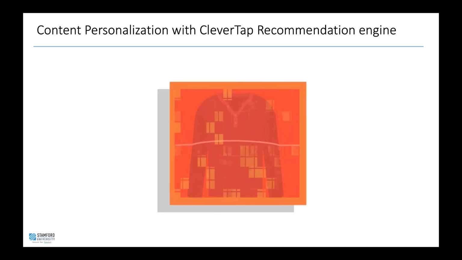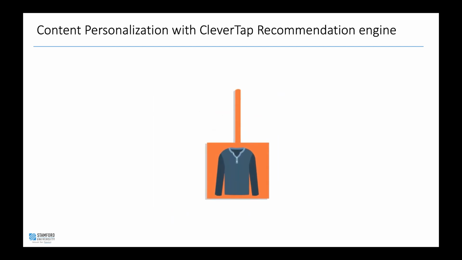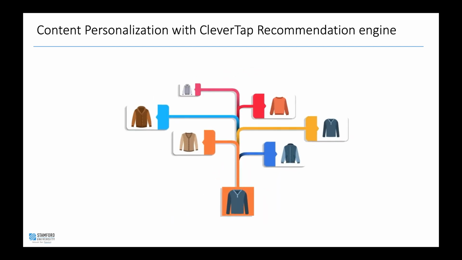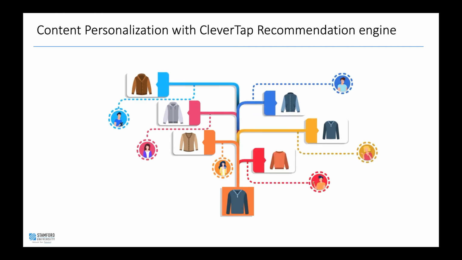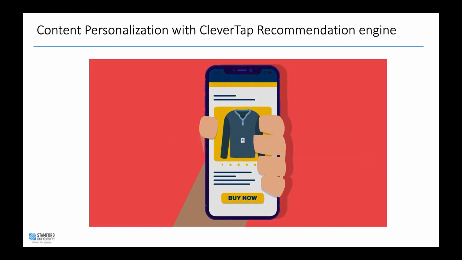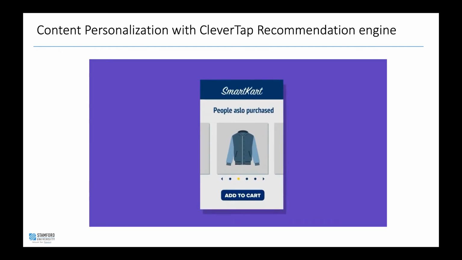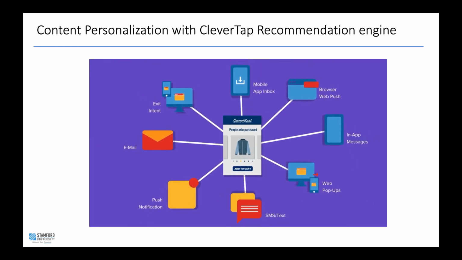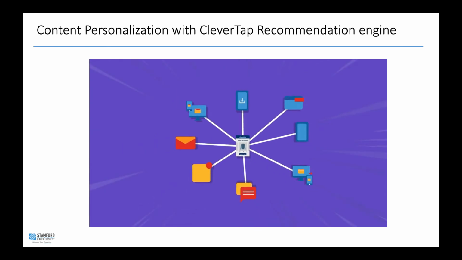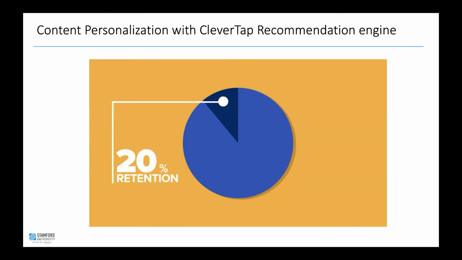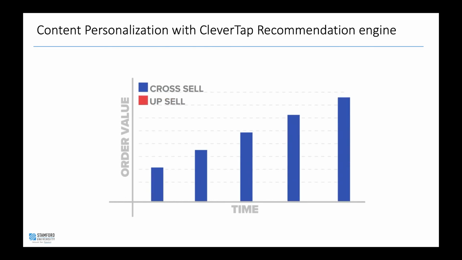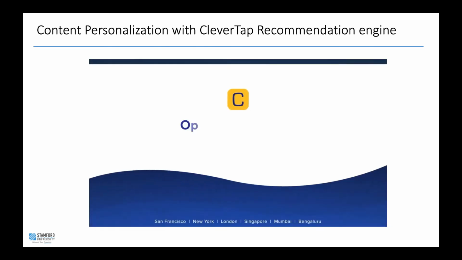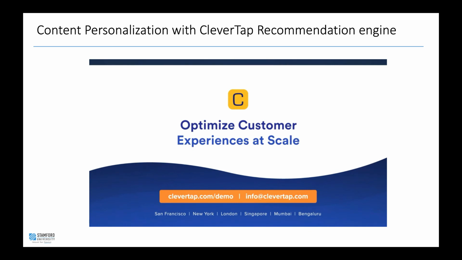CleverTap's proprietary data science algorithm automates the what of customer interactions with personalized recommendations that dynamically adapt to customer behavior, buying patterns, and usage trends in real time, so that you can deliver an omni-channel experience across the customer journey to accelerate product and content discovery, boost retention, and increase average order values by cross-sell and upsell opportunities. Schedule a demo and start delivering an amazing customer experience today.